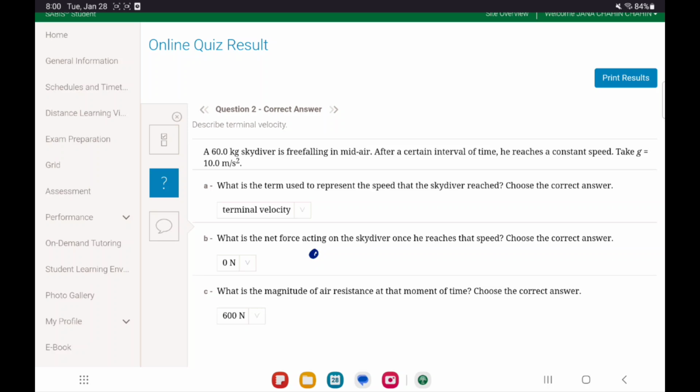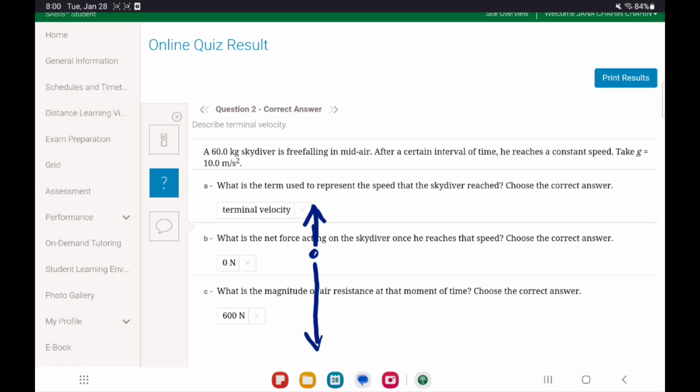But now let's analyze it, okay? So when the skydiver falls immediately, its weight will be way more effective than its air resistance, because it's still brand new.